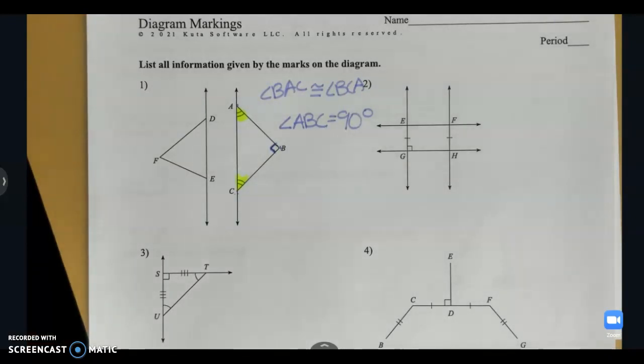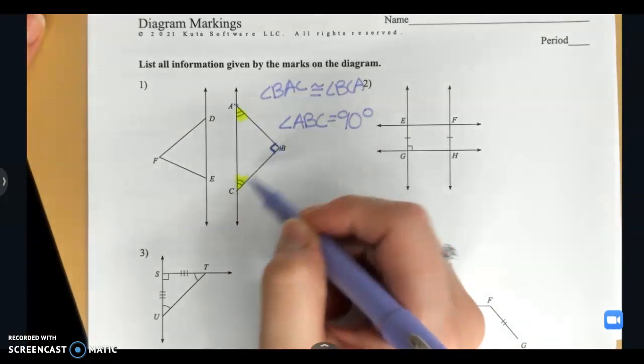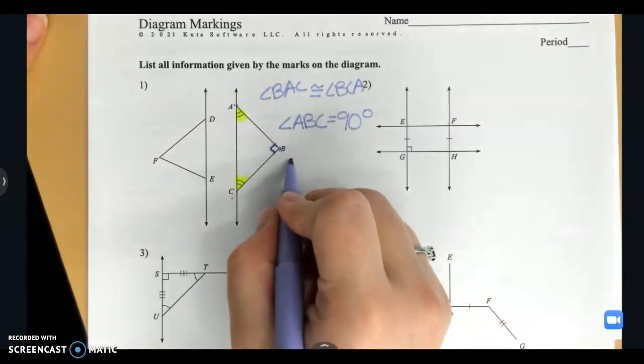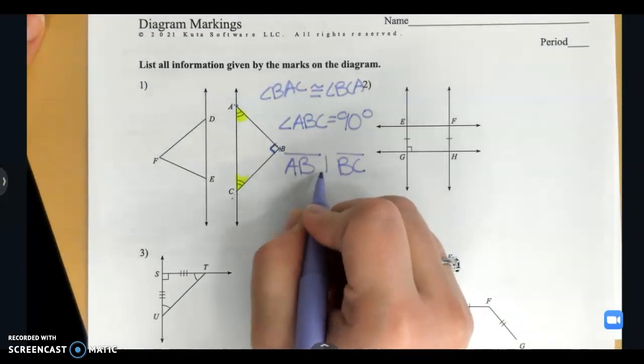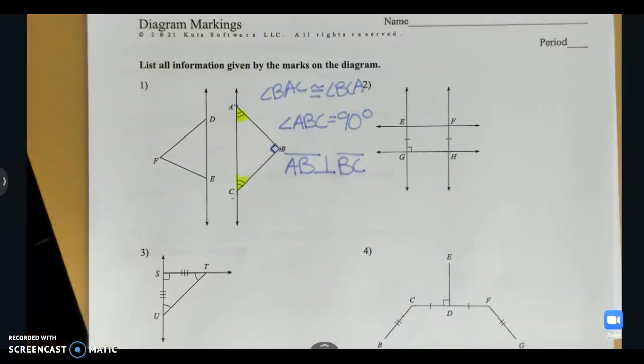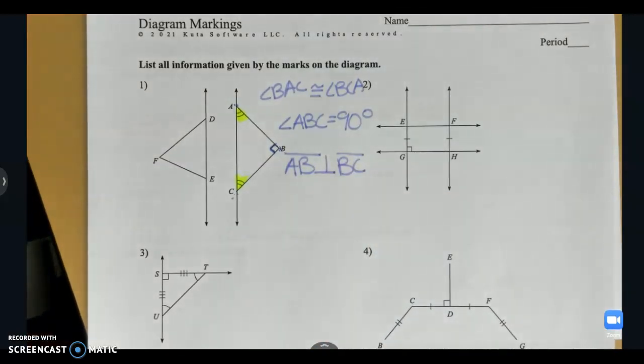But lines or line segments that form 90-degree angles start with a P. Perpendicular. So segment AB and segment BC are perpendicular. Remember that upside down T means perpendicular. They form a right angle, which means they are perpendicular to each other. At this point, I want you to work on 2 through 6 with those around you, and we're going to go over the correct answers together.